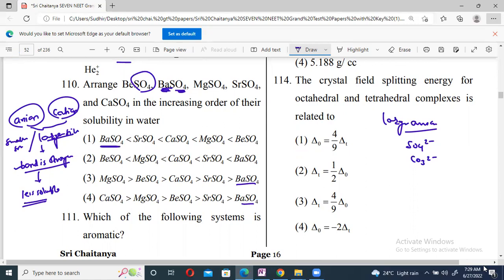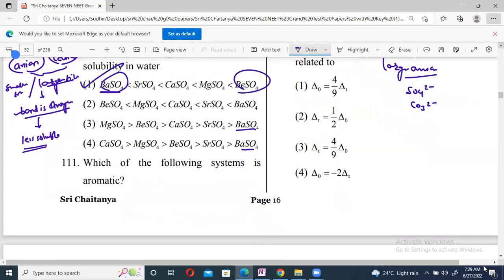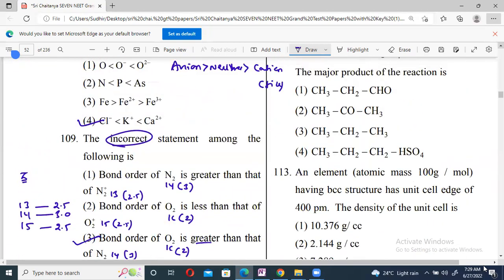Even BaSO4 less soluble here also. Correct? They are asking increasing order. So it is a decreasing order was there. Increasing is here. Beryllium is a smaller size, sulfate is a larger size. So bond is not strong, more soluble. It is more soluble, it is less soluble. Answer is first option. 110. Now 111.